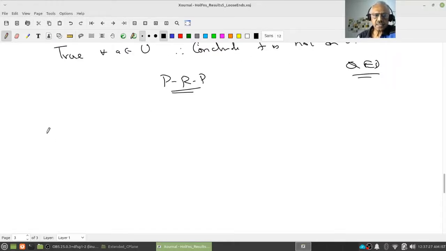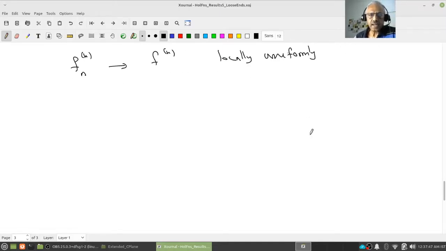Now I want to prove the derivative. What is it that I want to prove? I want to prove that the kth derivative of this converges to the kth derivative of this locally uniformly. And the second proof adapts to this.